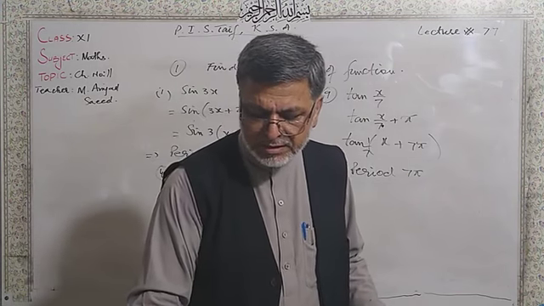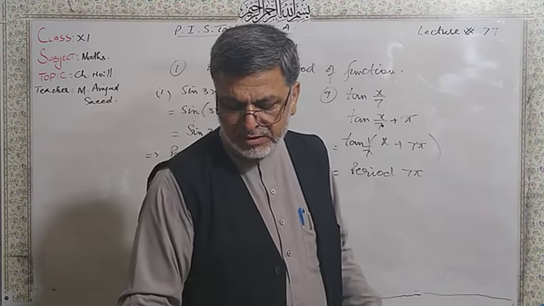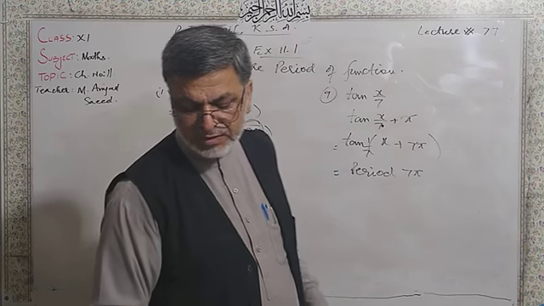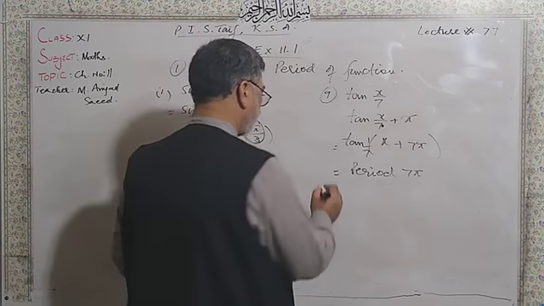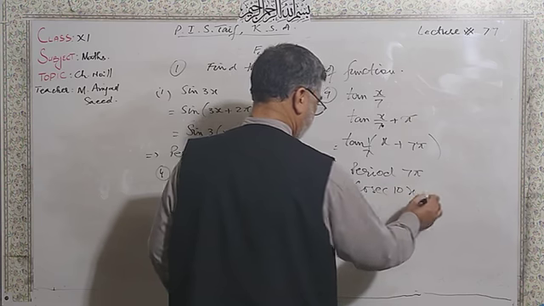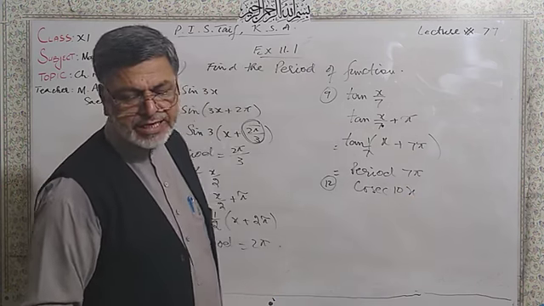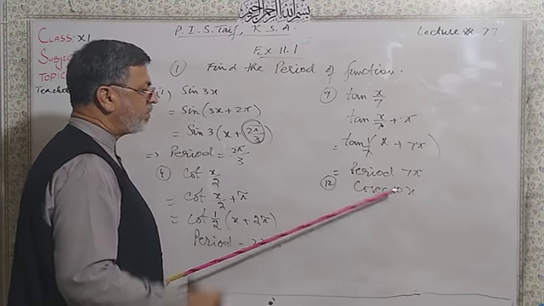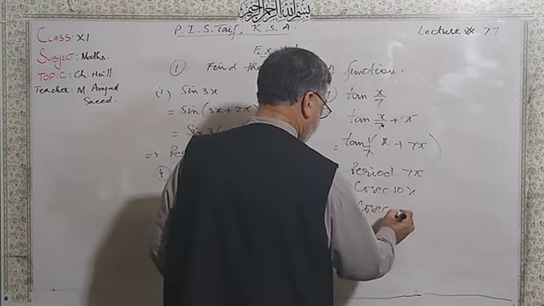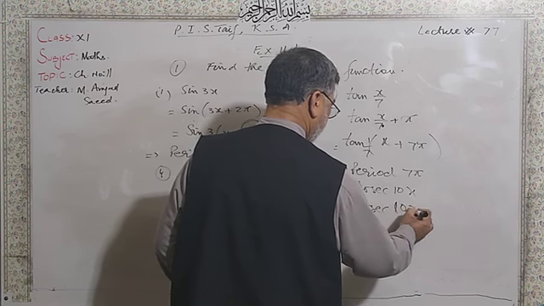After this, we have question number 11 and 12, and you can check question number 12. Cosecant 10x. What is the period of cosecant? Actually, cosecant is opposite of sine. The period of sine is 2 pi, and cosecant is also 2 pi.